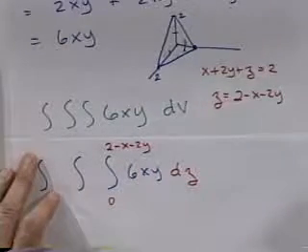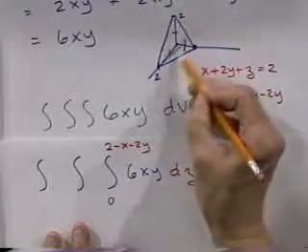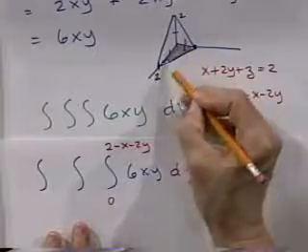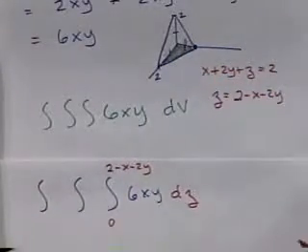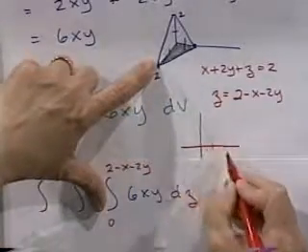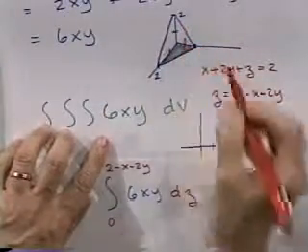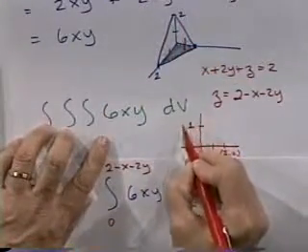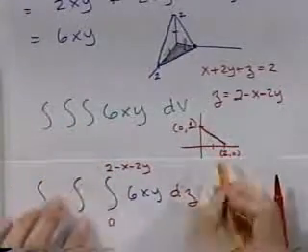How do I figure out my limits of integration for xy? I take the shadow of my surface onto the xy plane. I want to integrate over that in the xy plane. I find it much easier just to draw it in the xy plane, so I'll do that real quick. We're crossing the x-axis at 2, and we're crossing the y-axis at 1. So the region I want to integrate over is here.